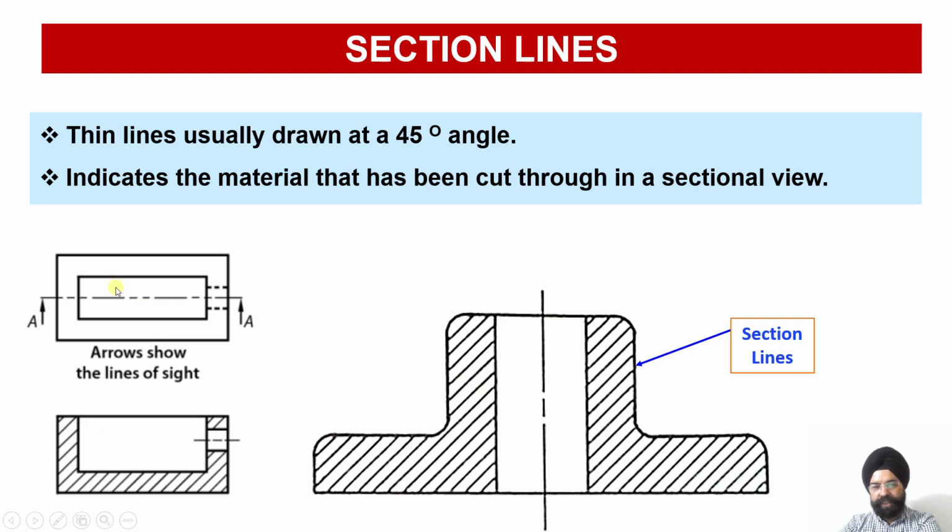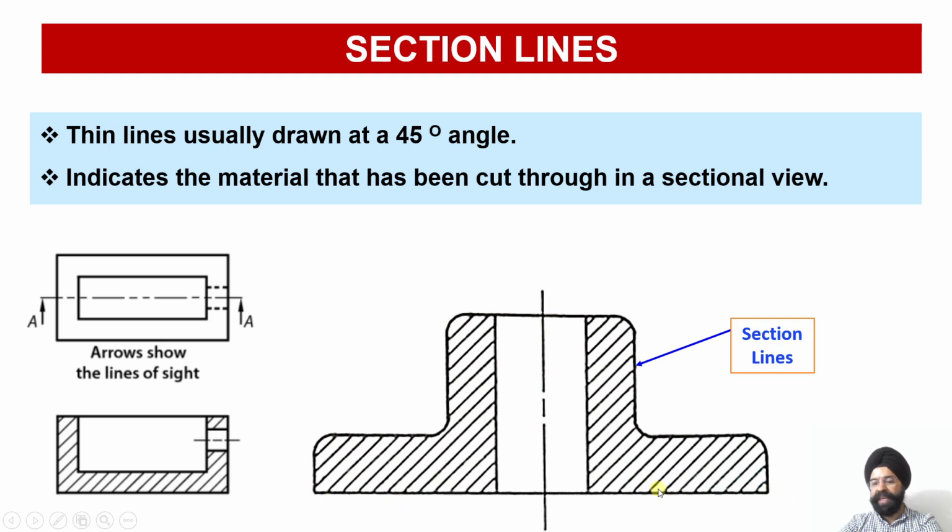And once I cut this object, this is the shape I'm going to get. The moment I cut this object, I'll be able to verify that there was a hole inside this. Similarly, there is a hole over here, and I have cut this open vertically. Any surface which has been cut will be shown with the help of a hatching line or section lines, which will be at an angle of 45 degrees to the base over here.